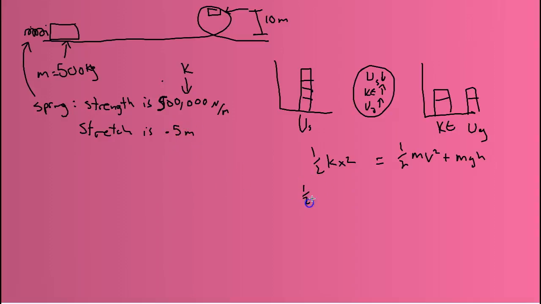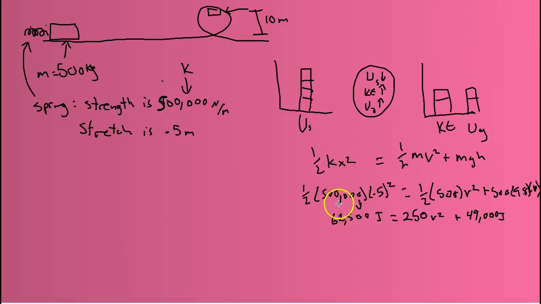So I say, okay, 1/2 times 500,000 times 0.5 squared is equal to 1/2 times 500 kilograms times v squared plus 500 times 9.8 times our height of 10 meters. Okay, and so we'll simplify all this. We simplify each of these, so 0.5 squared times 500,000 times 1/2, 1/2 times 500, and then 500 times 9.8 times 10.